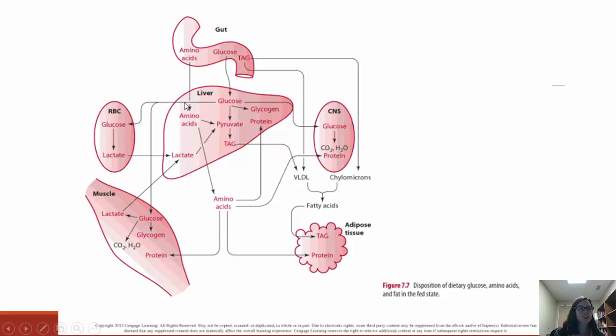Or if we have extra amino acids, these can be converted into pyruvate and stored as triglycerides in our adipose tissue. And just for your reference, we also have how glucose and triacylglycerides act in this same fed state. Basically, if we have excess, it's going to be stored or used.